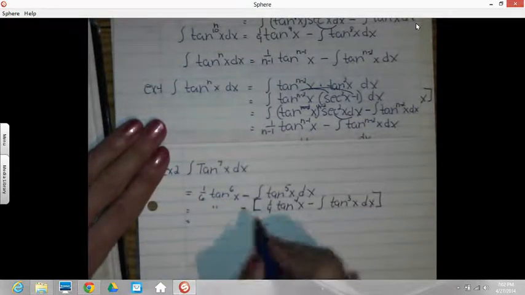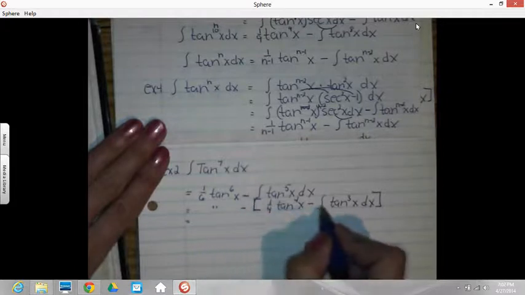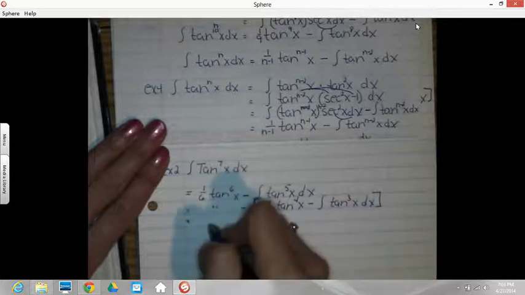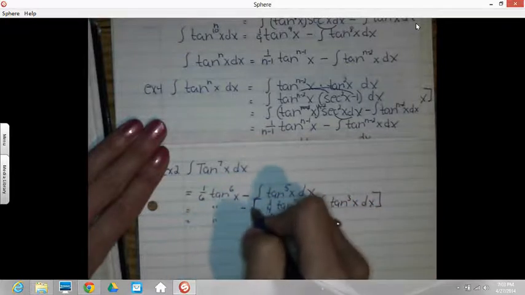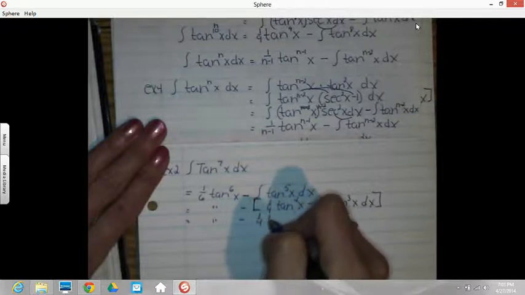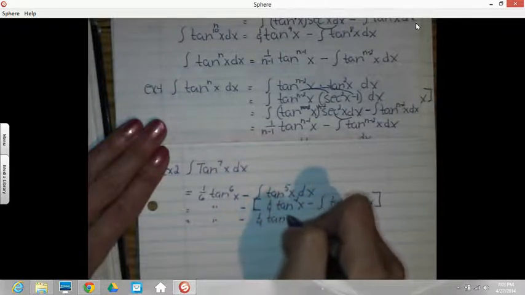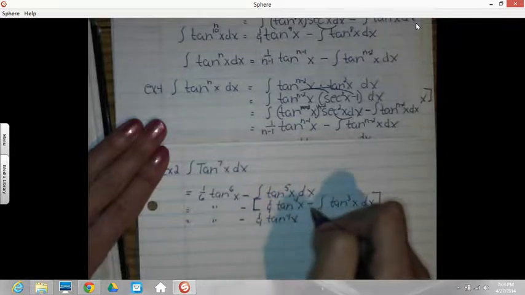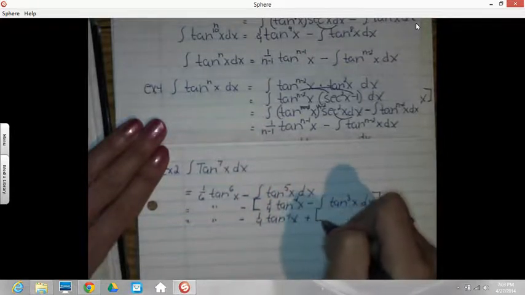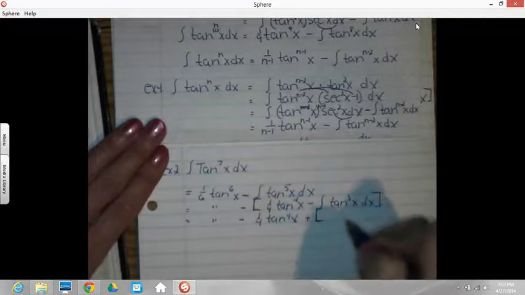So distributing the negative here, and then applying the reduction formula here. One more time, hopefully. So ditto this. This will be minus 1/4 tan to the 4th x. Now plus a reduction formula. Not that I need the brackets, but I just want to get in the habit of it just in case there's something out here.